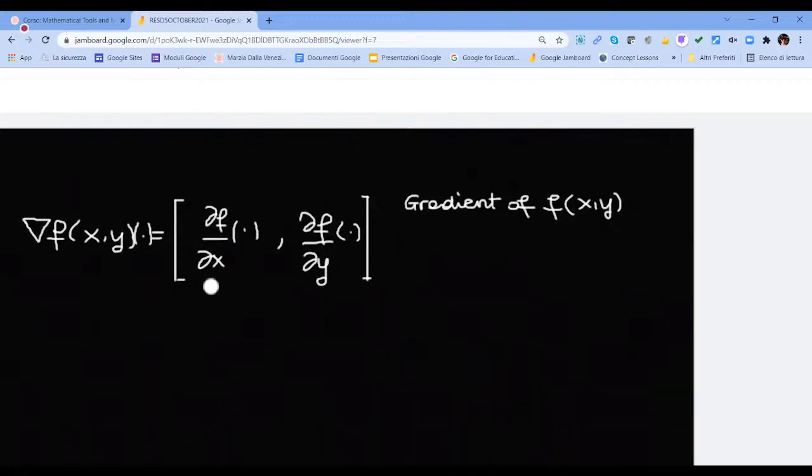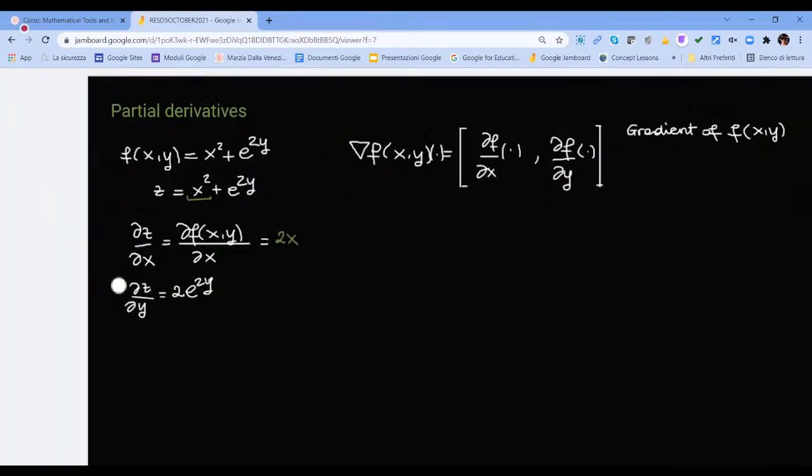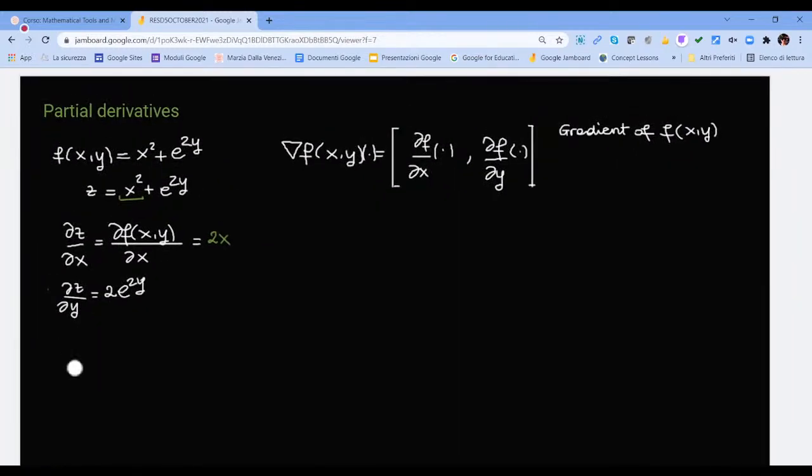Let's compute the second derivative, because you already did the first partial derivatives, and then we try to do as many exercises as possible so that you have more exercises to do.